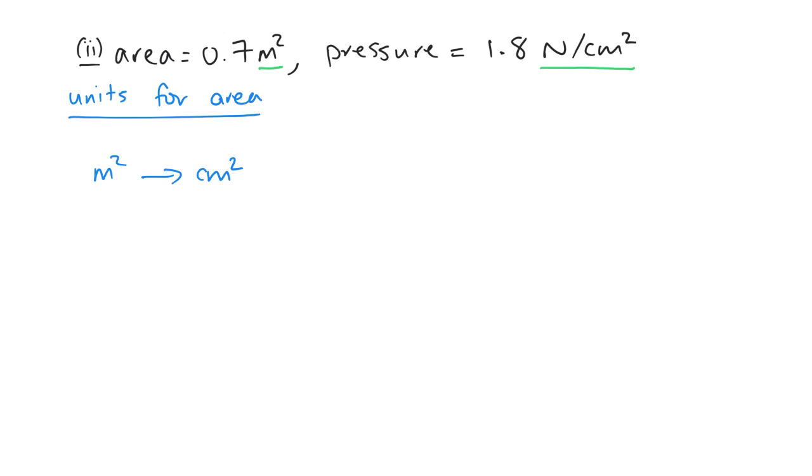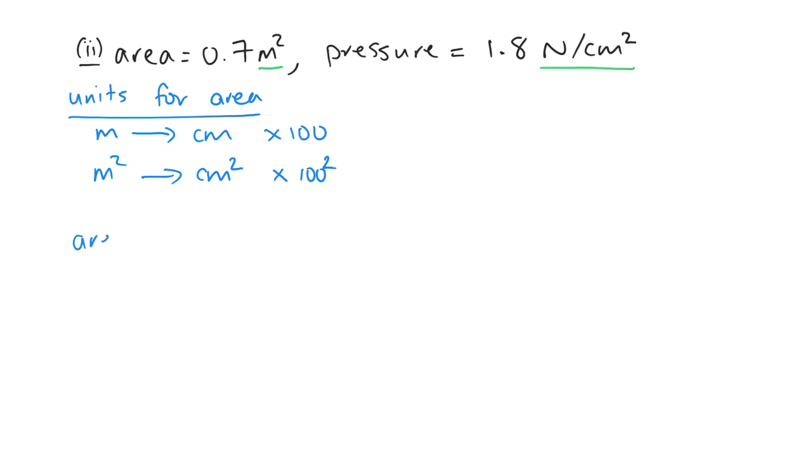So the easiest way to figure out how to do this is to say, well, how do I go from meters to centimeters? So you know that 1 meter is 100 centimeters, 2 meters, 200 centimeters. So we're timesing by 100 to get from meters to centimeters. So to get from meters squared to centimeters squared, we multiply by 100 squared.